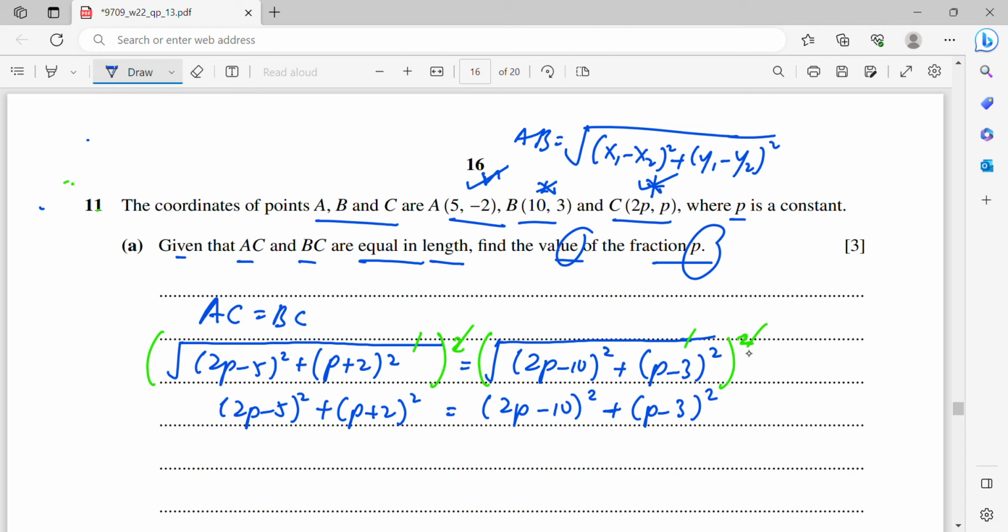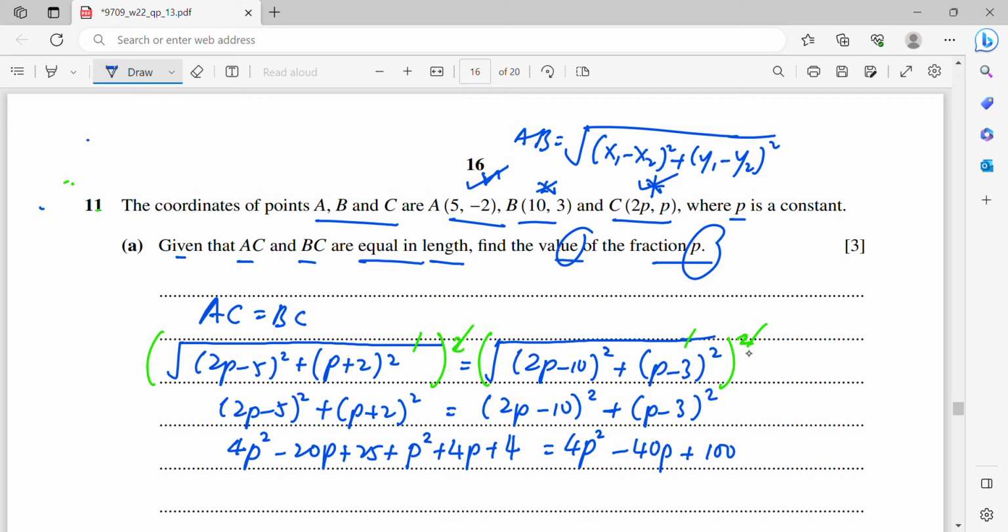So the square of 2p minus 5 is going to be 4p squared minus 20p plus 25. The square of p plus 2 will be p squared plus 4p plus 4. Then for the right hand side, the square of 2p minus 10 is going to be 4p squared minus 40p plus 100.